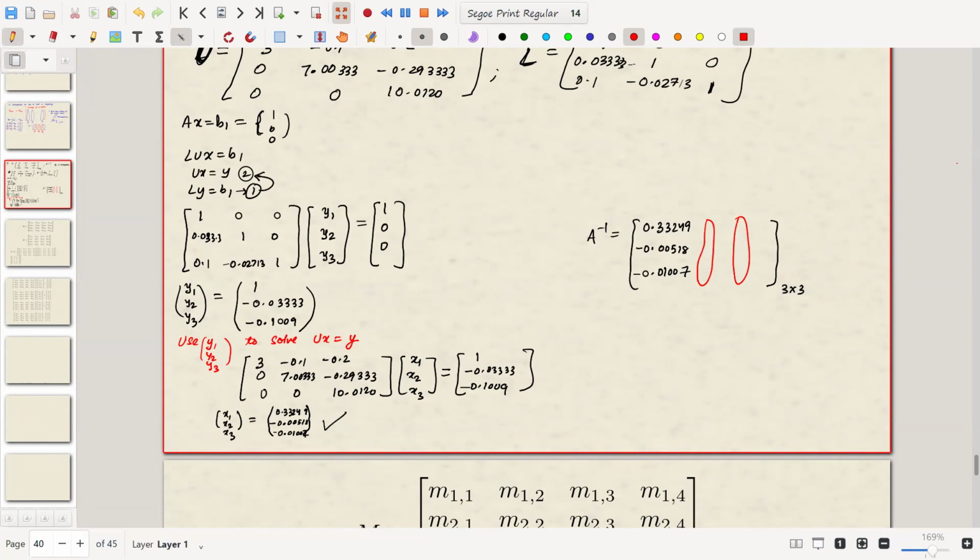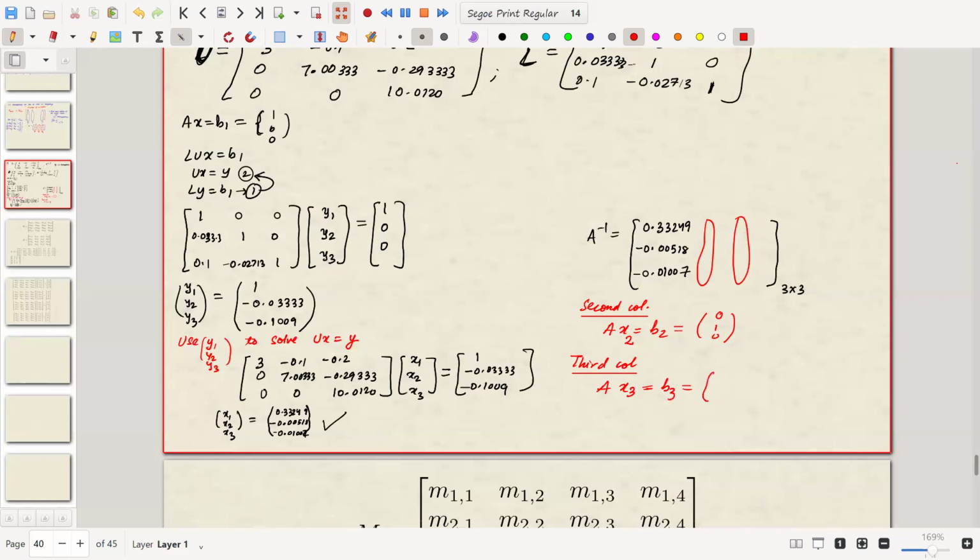So what do you need to do to obtain the second column? Yes, Ax2 equals B2, where B2 will be 0, 1, 0. A is still the same, LU, which you have already used, and solve it. This is the new vector, that is x2. Now the third column also you can solve. Similarly, Ax3, the third column of the inverse matrix, equals B3.